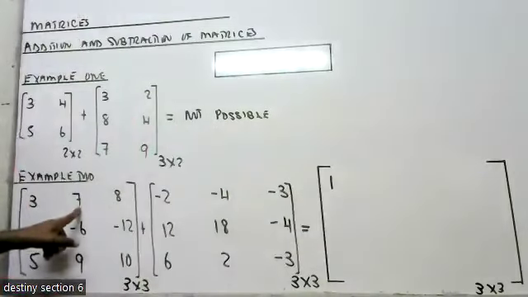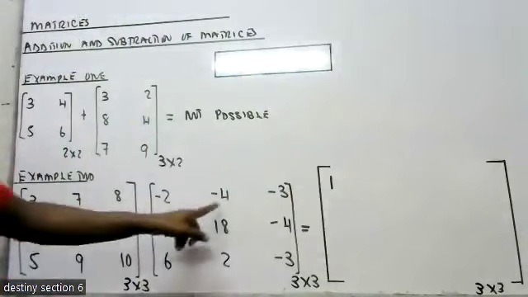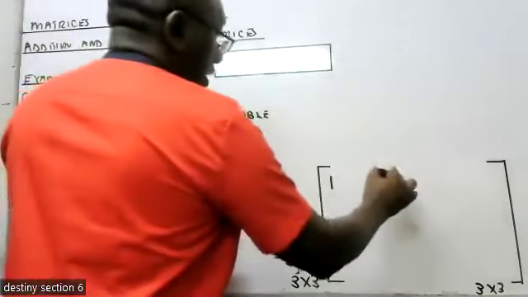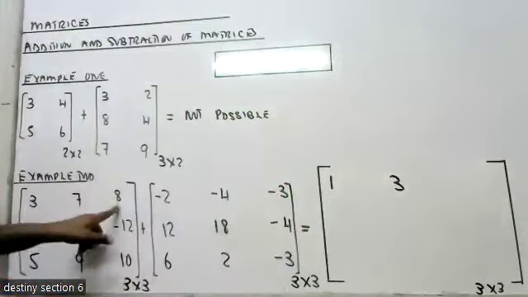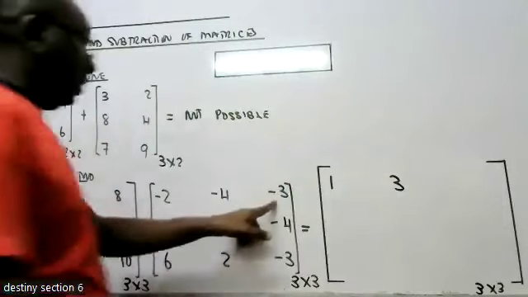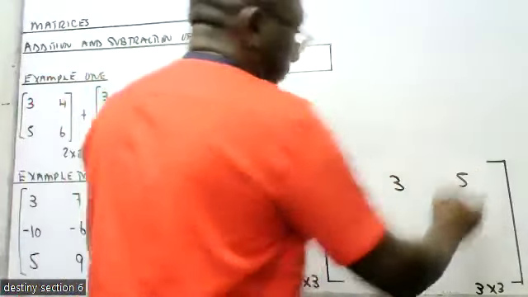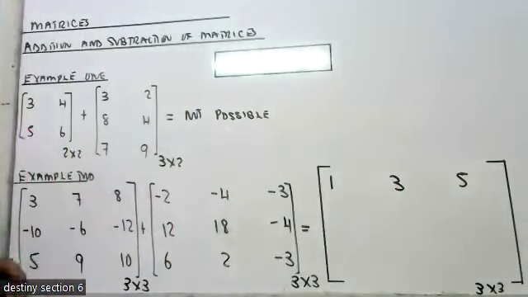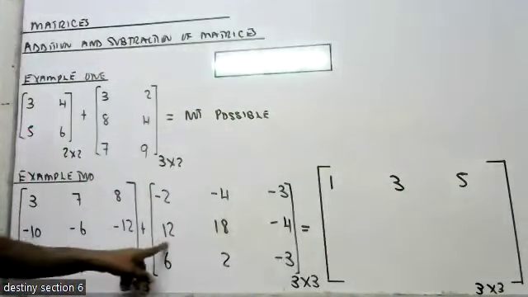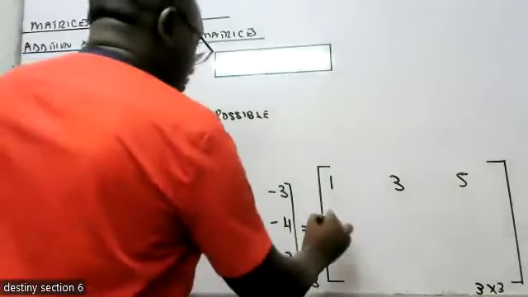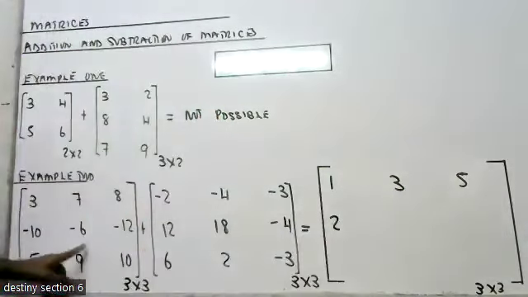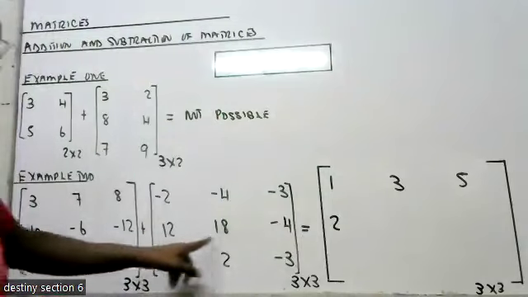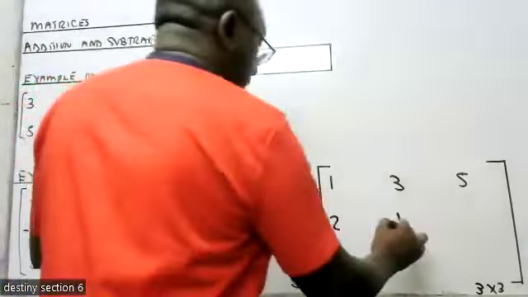I have 7 plus minus 4, that gives me 3. 8 plus minus 3, that gives me 5. I have minus 10 plus 12, that gives me 2. Minus 6 plus 18, that gives me 12.